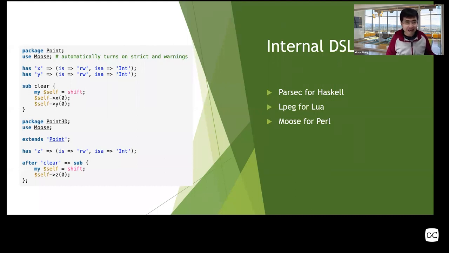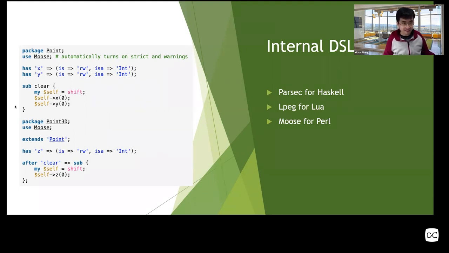So the has keyword is actually a function to define new attributes of a Perl class, and they also use function names like is and isa to define the type and also the visibility or other properties of the attributes.